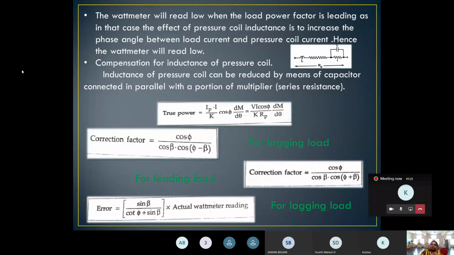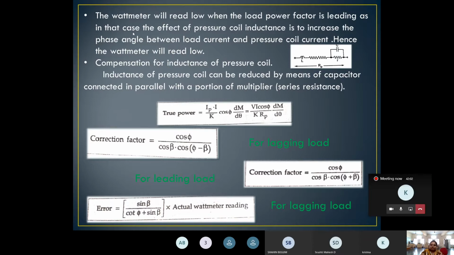In that case, the effect of the pressure coil inductance is to increase the phase angle between the load current and the pressure coil current. What was the previous point we took? That is the opposite of it. When reading high, the phase angle should be reduced between the load current and pressure coil current, but here it should be increased. Hence, the wattmeter will read low. Those are the two points.